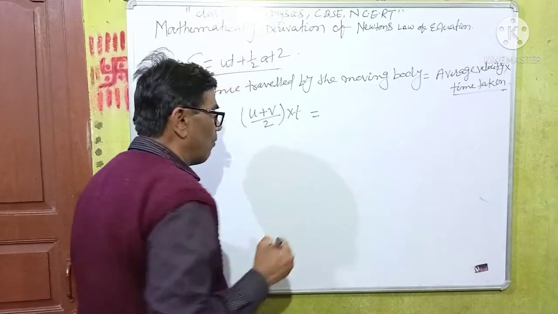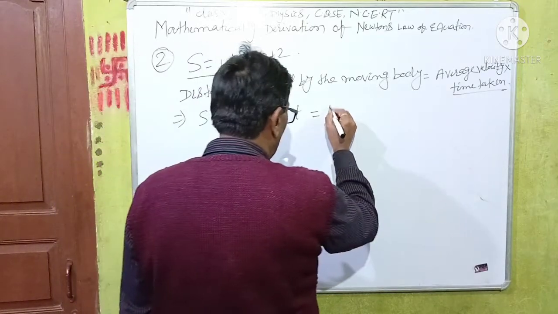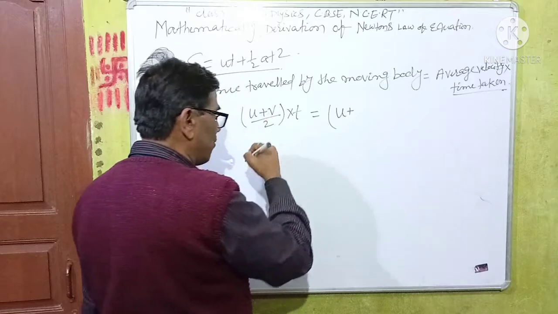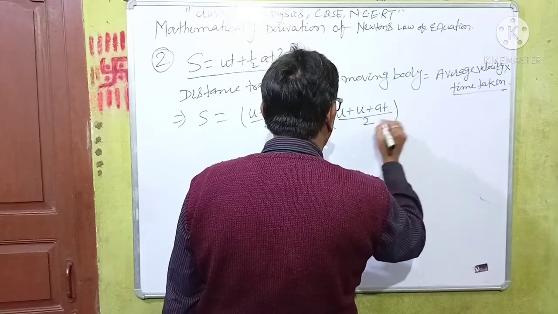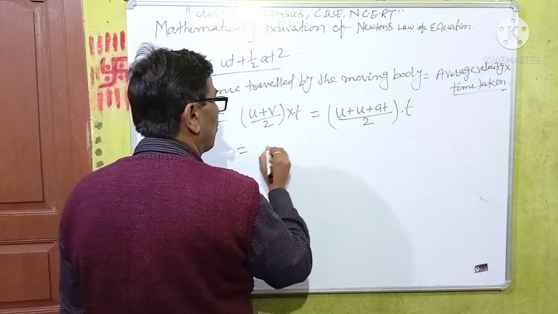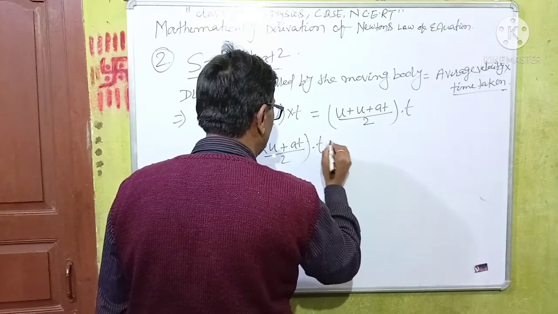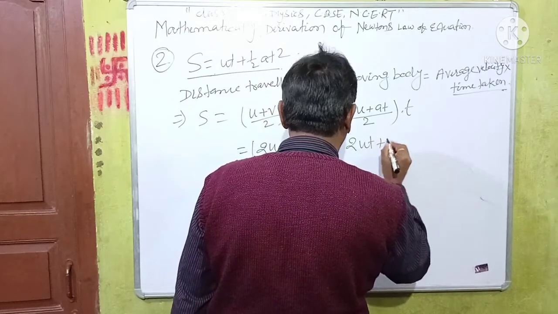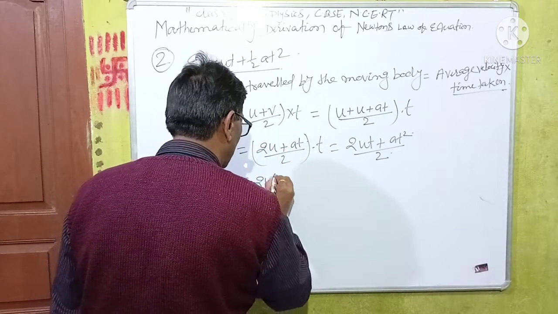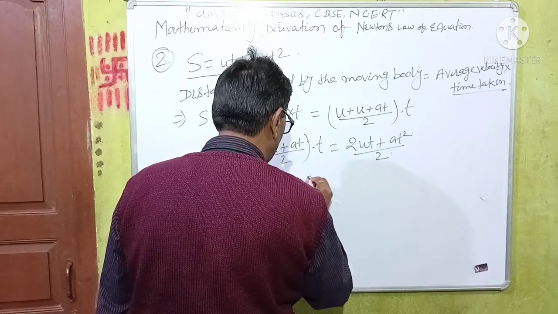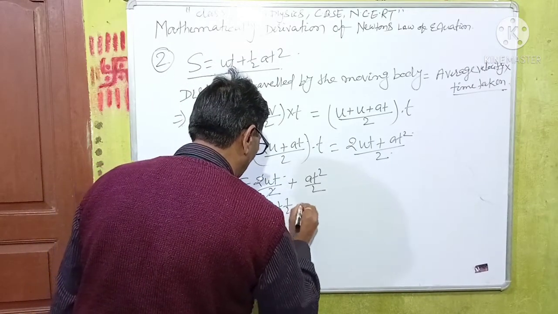Then we put in the value of v from the first equation, v = u + at. In place of v we write u + at, divided by 2, into t, which is (2u + at)/2 × t, which is (2ut + at²)/2, which is 2ut/2 + at²/2. The 2 cancels, giving ut + ½at².